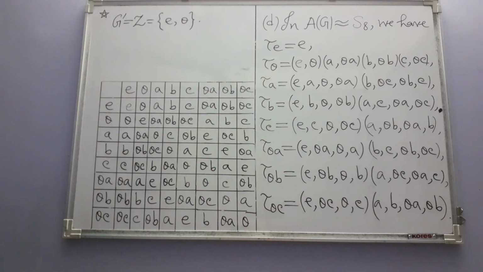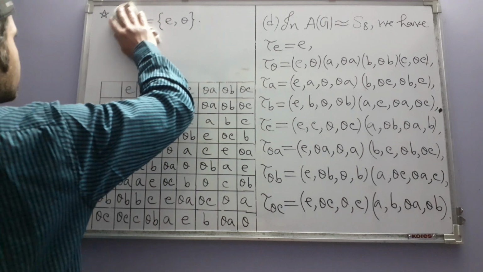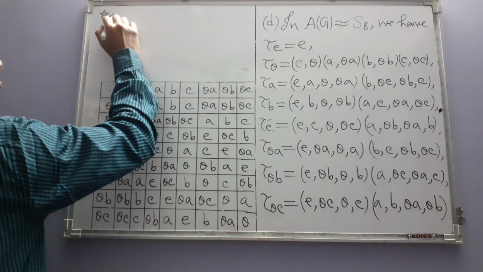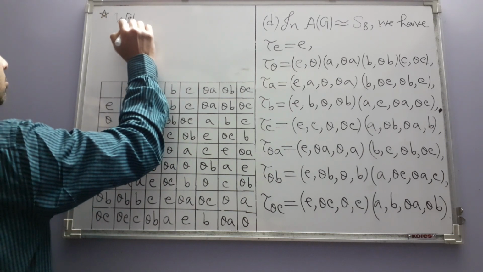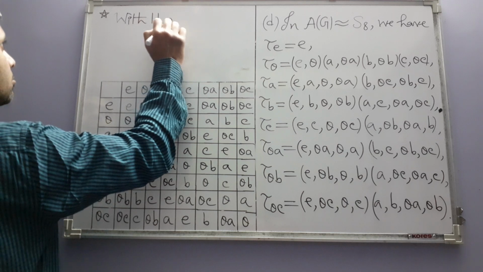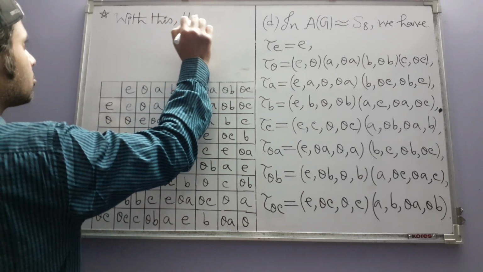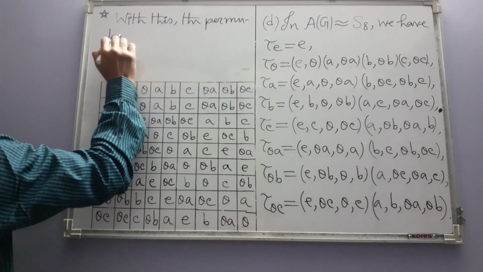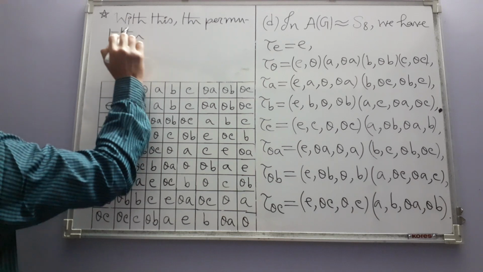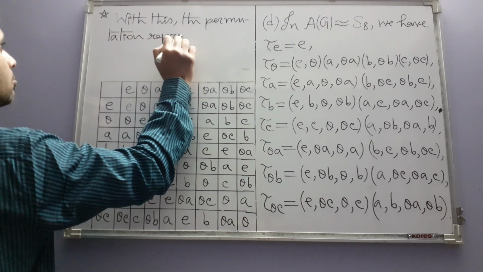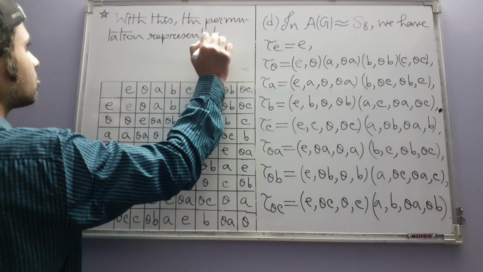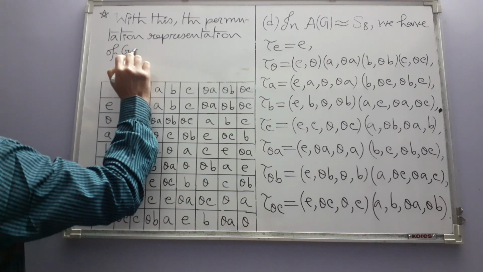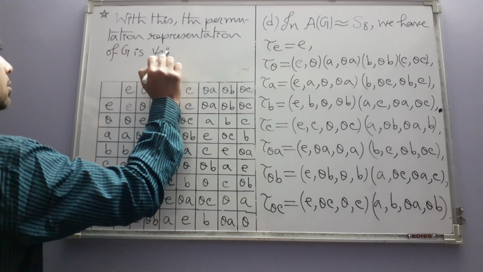So let's just write the final line. With this, the permutation representation of G is our function psi.